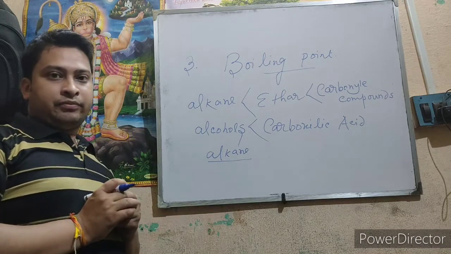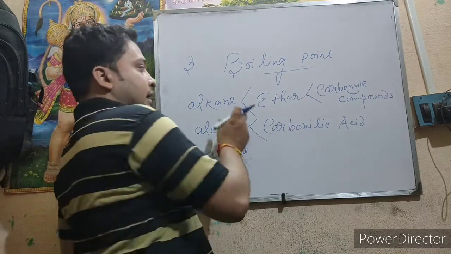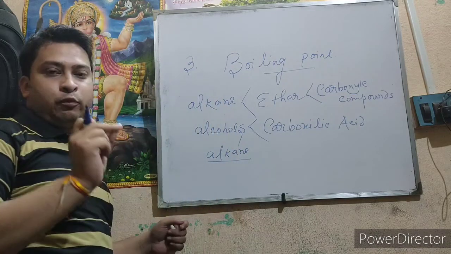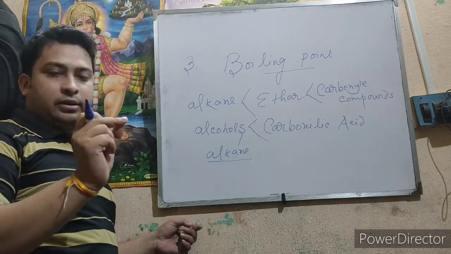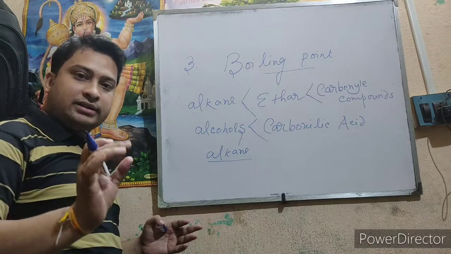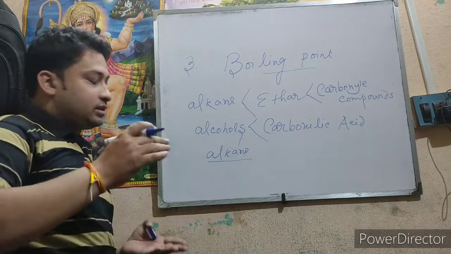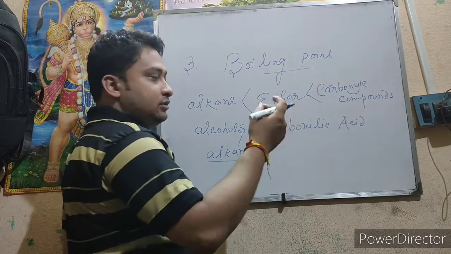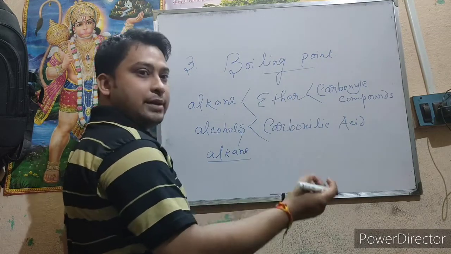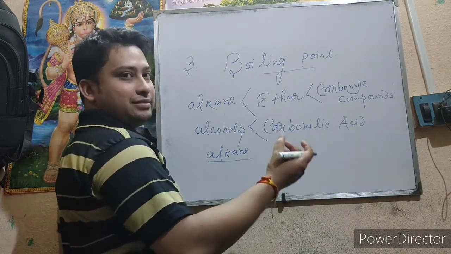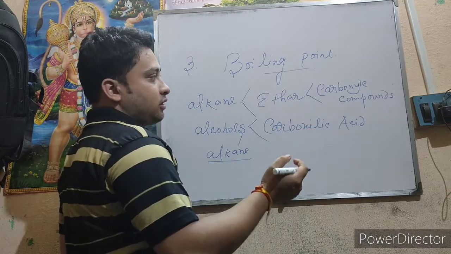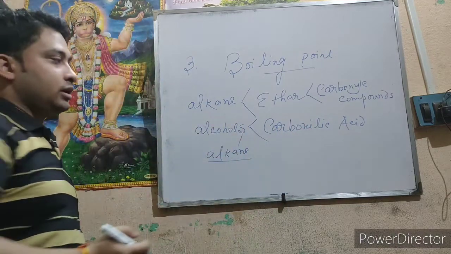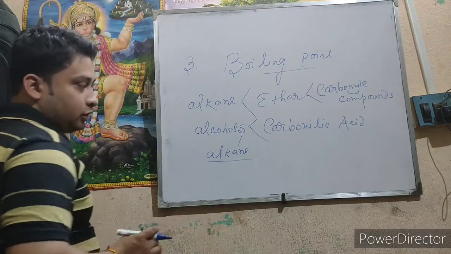So on alkane only weak van der Waals force of attraction is seen. On the other hand, on ether, weak dipole-dipole attraction and weak van der Waals force of attraction are shown.